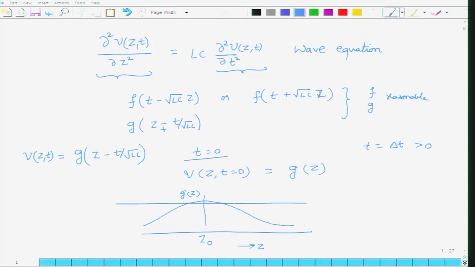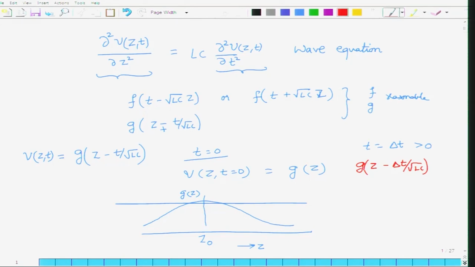Then what will be the shape of this one? Now, look at what will happen to the function g. g of Z minus delta t by square root LC will be the new function, correct. From your earlier signals and systems you would know that if g of Z represents a function of Z which is peaking at Z0, then g of Z minus delta t by square root LC will be the same function g of Z, except that it has got delayed or shifted.